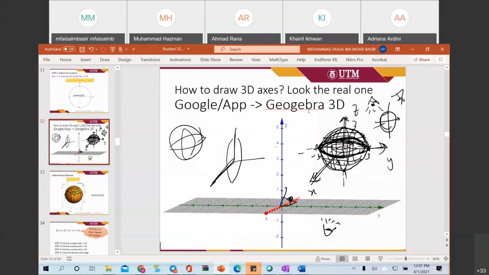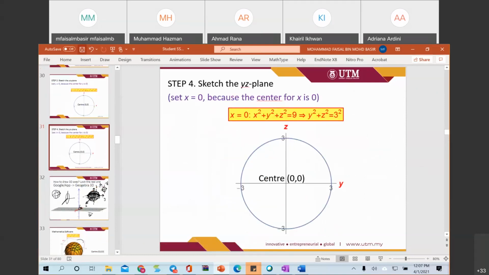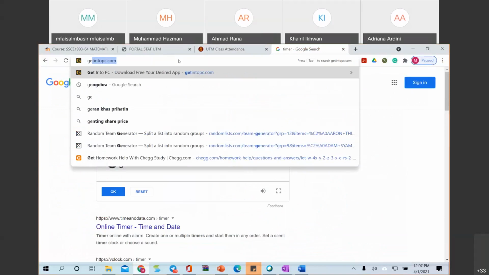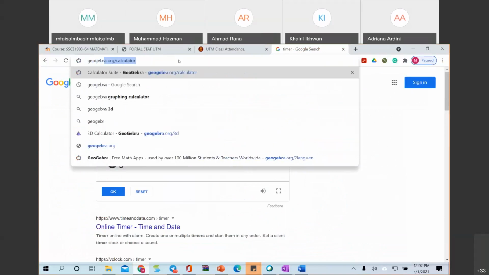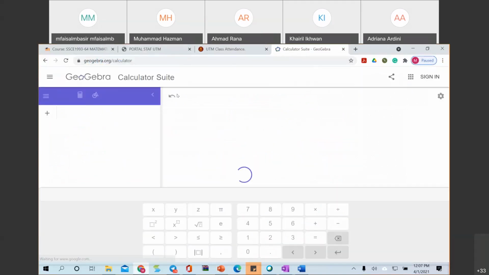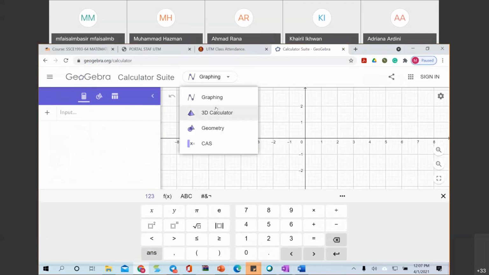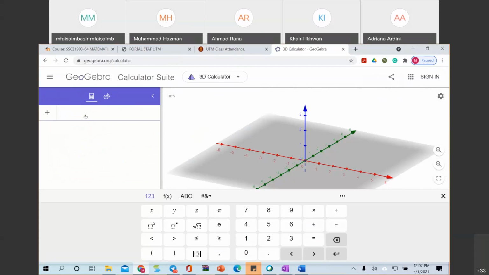So see here, you can use GeoGebra to sketch and to see more clearly. So this is for you, right? So maybe you can see GeoGebra. So remember, for your exam or test, don't open the website. Okay? So then you can put the 3D calculator.